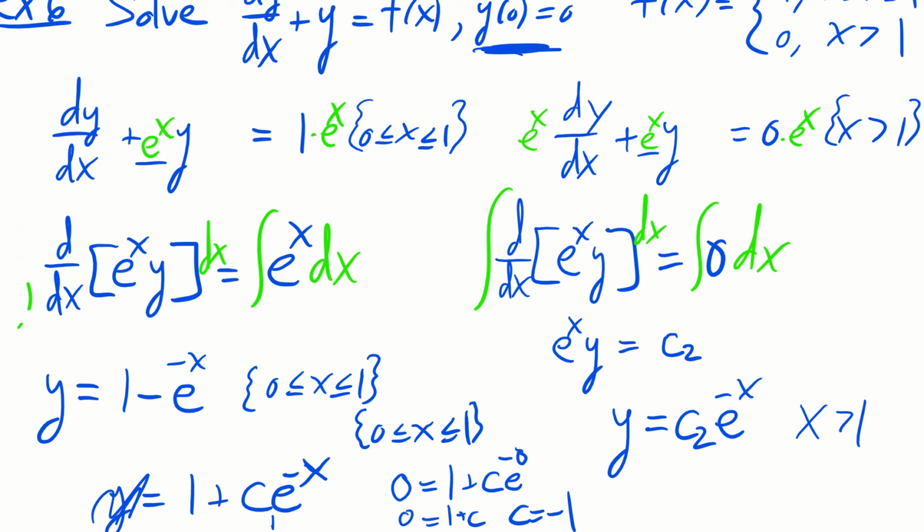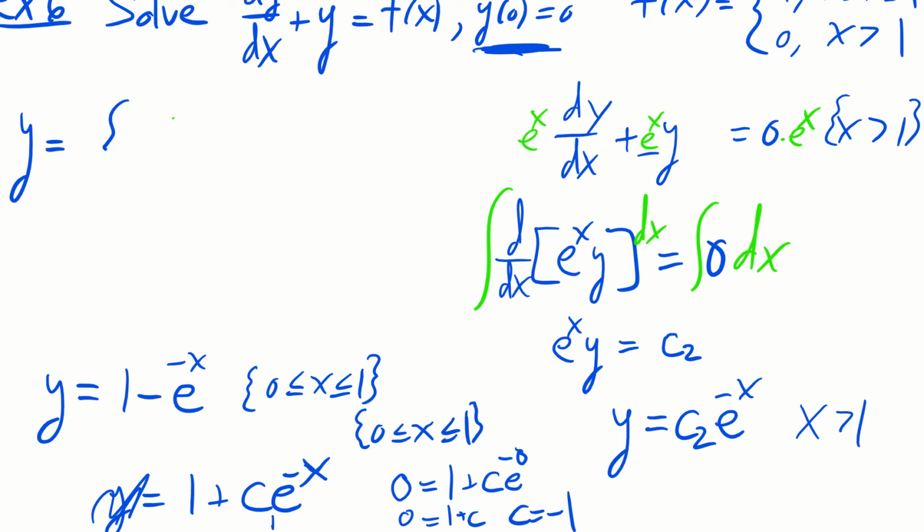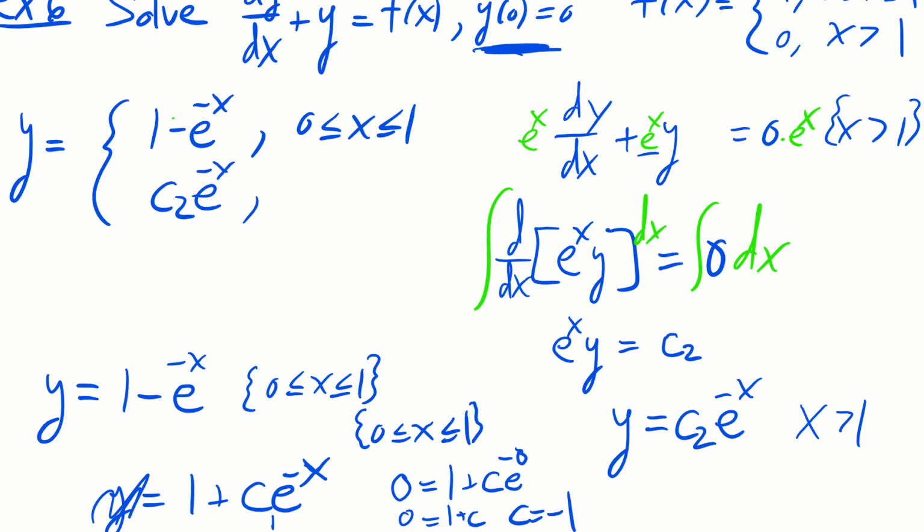So we've solved it out. This is what we have. We weren't given a second initial condition to solve for c2, but y is equal to 1 minus e to the negative x, and this is on 0 less than or equal to x less than or equal to 1, and right now it's going to be c2 e to the negative x on x greater than 1.